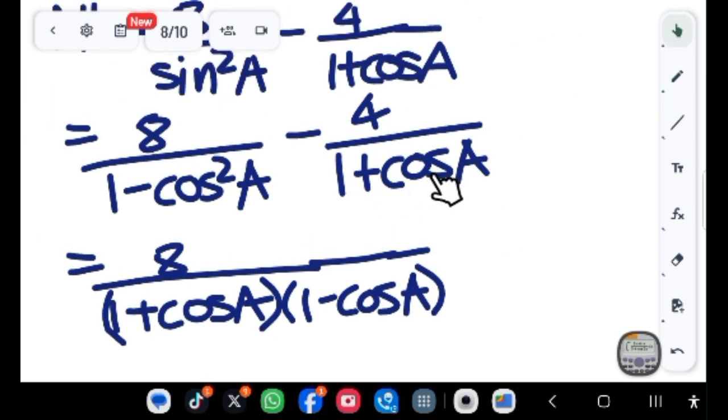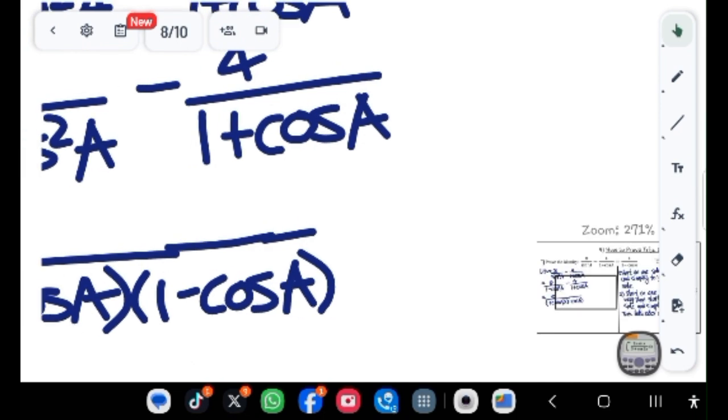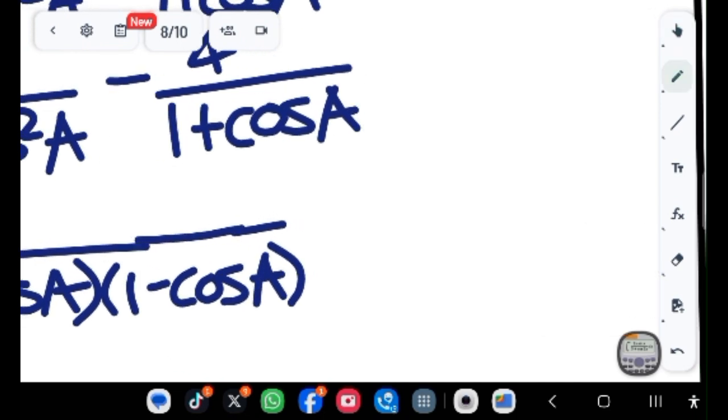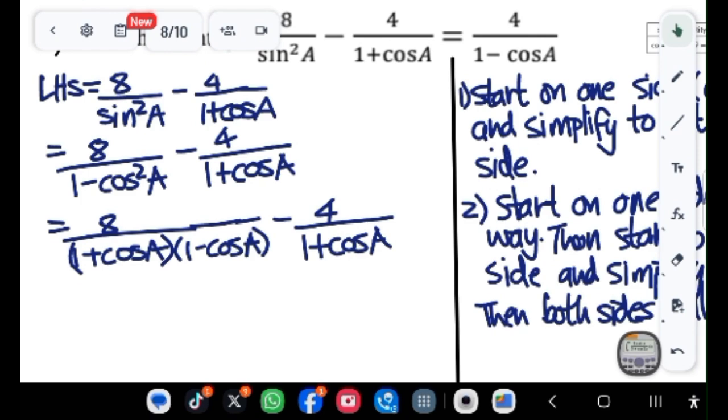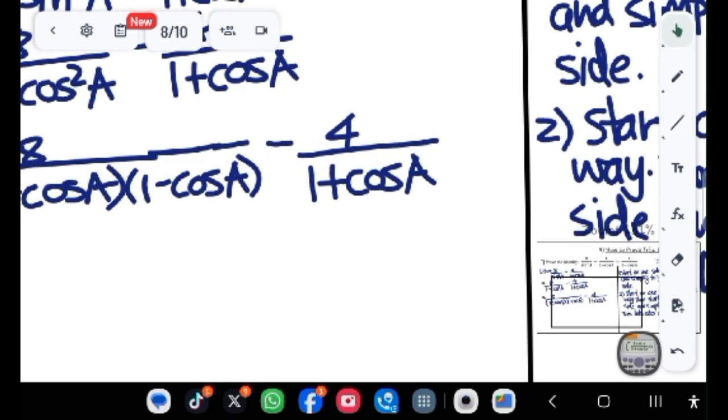Which makes it possible for us to find the lowest common denominator, which has 1 plus cos of A, like you would when working with any set of common fractions.